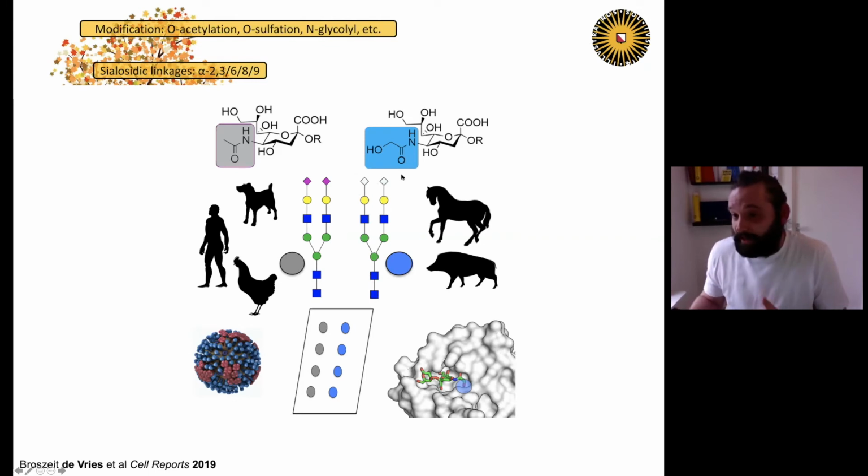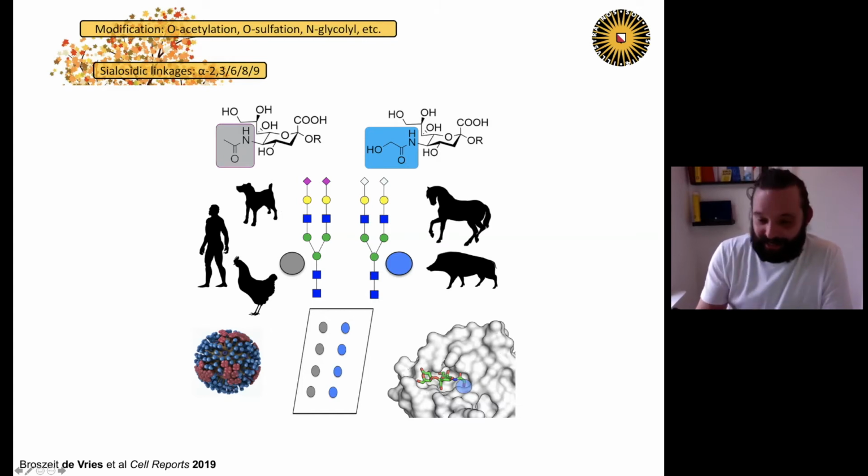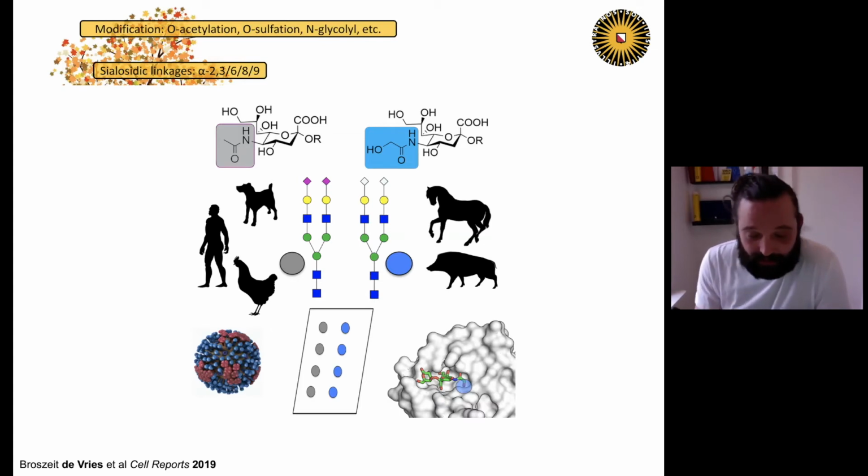We were interested in how these equine and swine viruses would bind this N-glycolyl or not. And other species also actually lost this enzyme that converts the structure, for example, canine species and MDCK cells. You can read more about this in the paper that appeared last year in Cell Reports about these different specificities to N-acetyl and N-glycolyl.